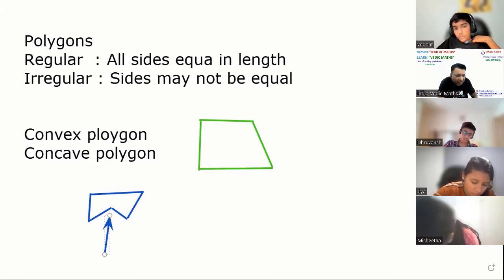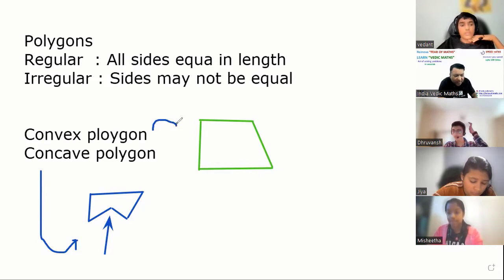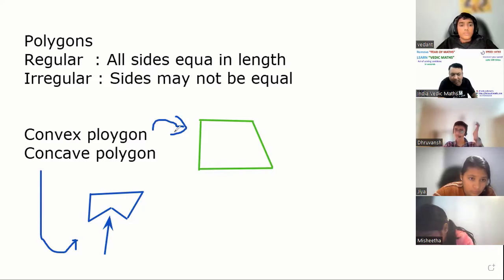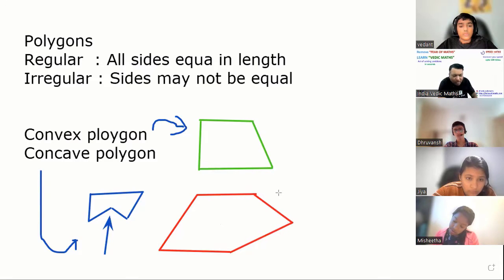Okay. So this one is concave. This is convex. For example, if I make something like that, the red one. Tell me, Jia, the red polygon is a concave polygon or convex polygon?